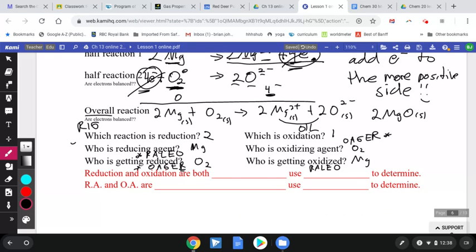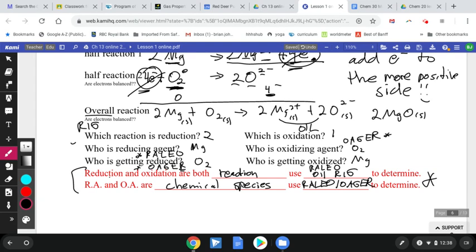Reduction and oxidation are both reactions, and you can use OIL RIG to determine that. Reducing agent and oxidizing agent are chemicals or chemical species, and we can use RALOIT and OARGA to figure that out.